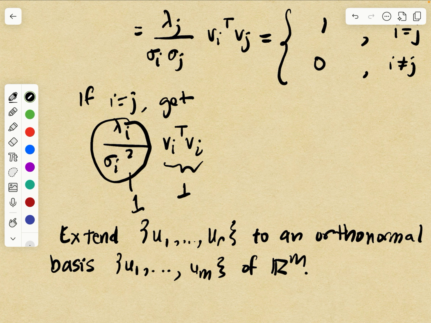There's a general theorem that says that if you have a subset of Rm with fewer than m vectors, you can always extend that set to a basis for Rm as long as the set is linearly independent. You can always throw in more vectors to form a basis. Then you can use Gram-Schmidt to make that basis orthonormal. So that's how this works.